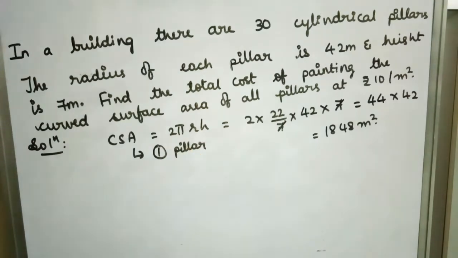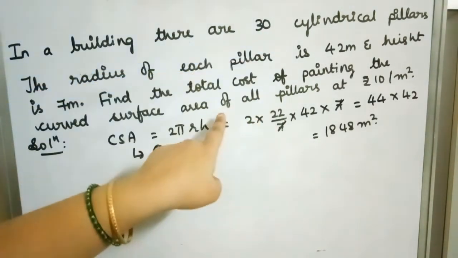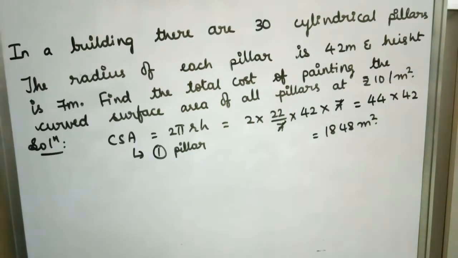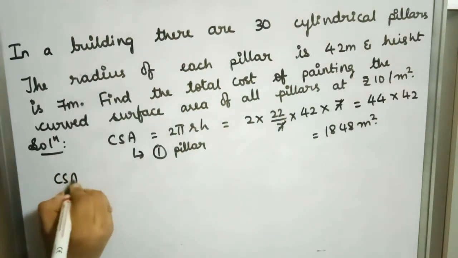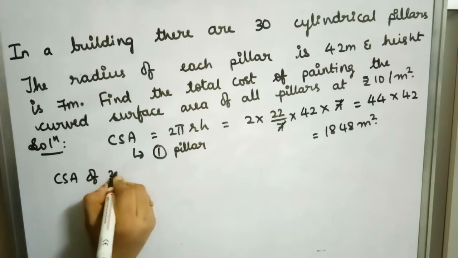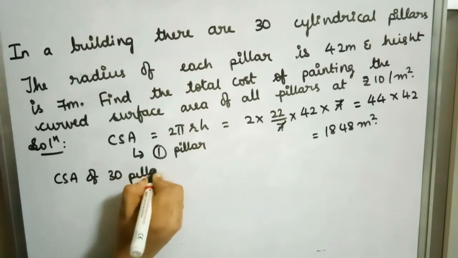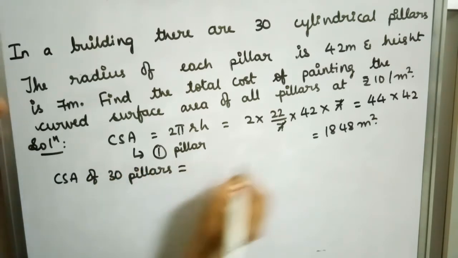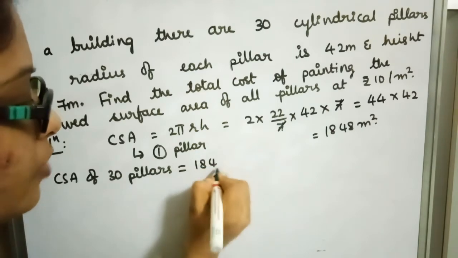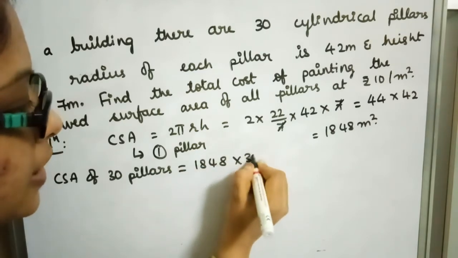So we have 30 pillars here. We have to find out the curved surface area of all the pillars. So CSA of 30 pillars is equal to 1848 into 30.